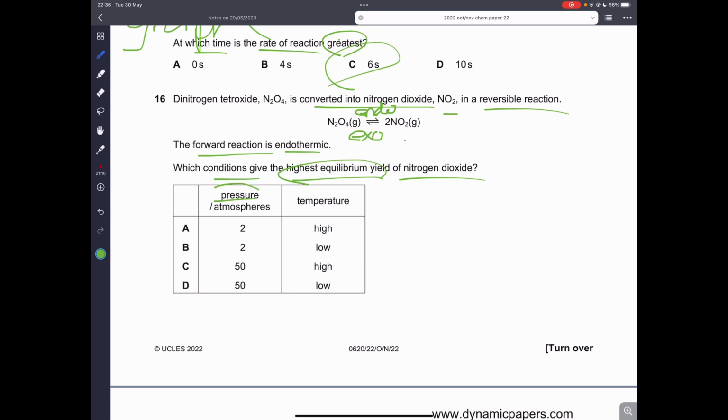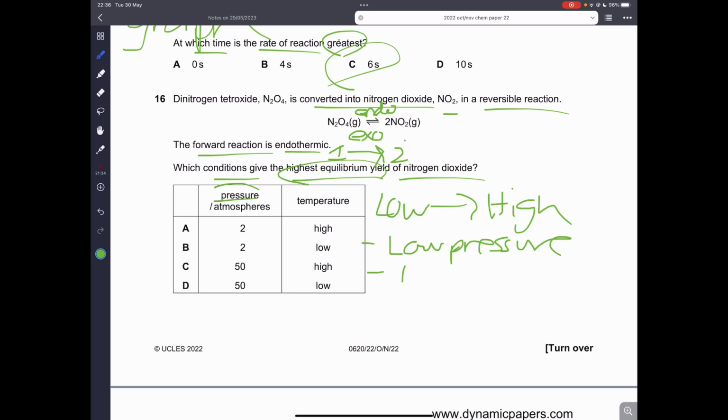There is 1 mole of N2O4 and there are 2 moles of NO2 on the other side. When you increase the pressure, the equilibrium will go from the higher number of moles to the lower. But if you want it to go from low to high moles, we will need a low pressure so that we can achieve the highest amount of NO2.